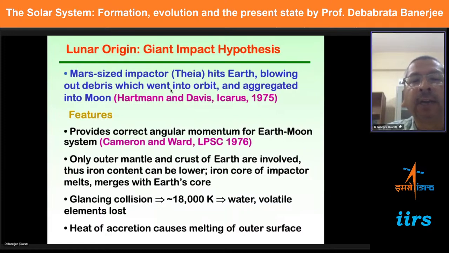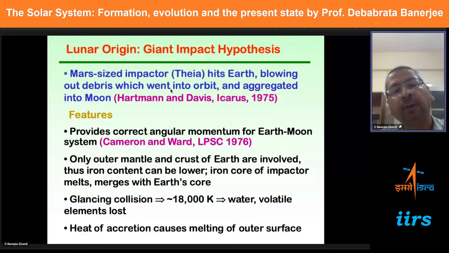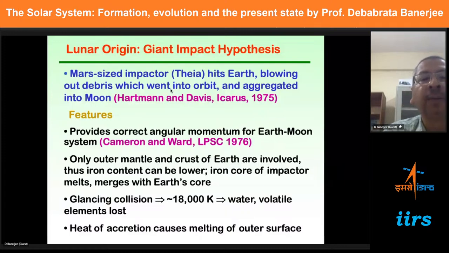This provided the correct angular momentum, so it solved the angular momentum problem. It also solved the isotopic composition: if you look at the oxygen isotopic composition of the Moon and the Earth, they fall on the same line.